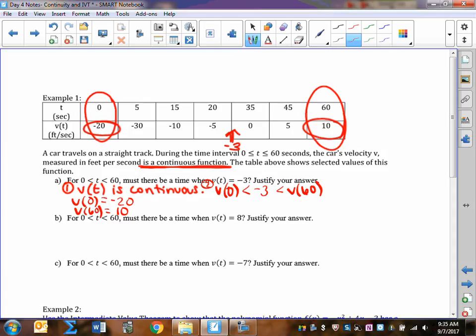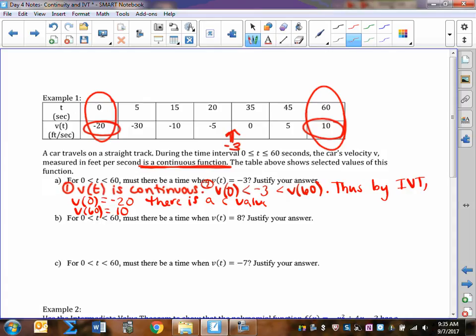All right, so the condition of continuity has been met. The condition that the y value falls between your y values at the endpoints has been met. So thus, we can use intermediate value theorem. All right, so now we can make our conclusion. Thus, by IVT, finally something we don't have to write out, there is a c value, and where does our c value have to occur?